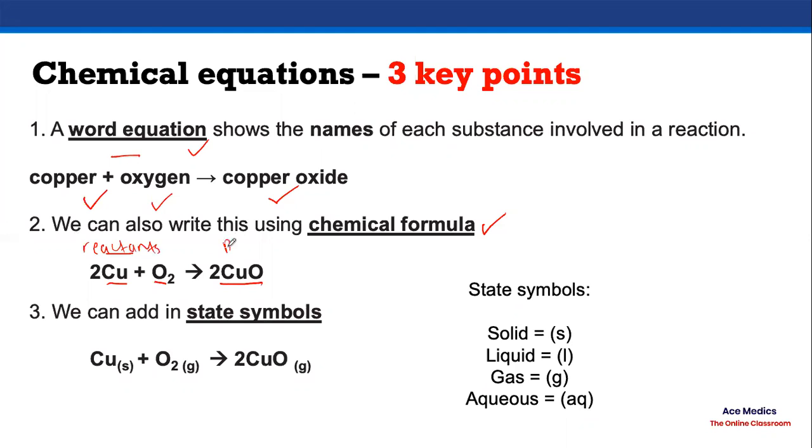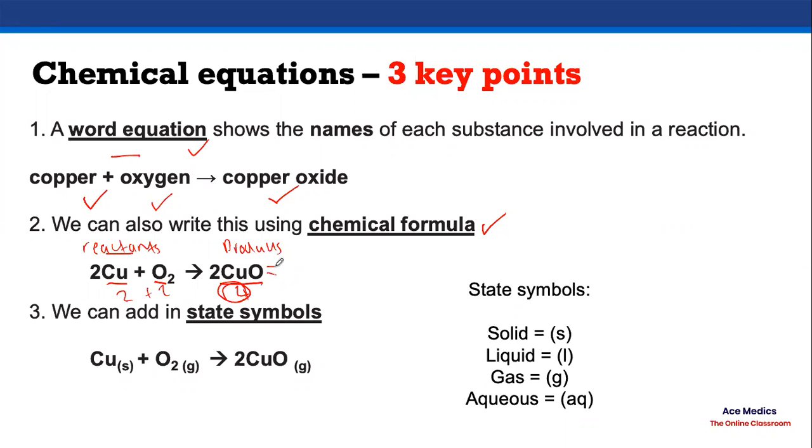And copper oxide is the product of this reaction because it's on the right-hand side of the arrow. And whatever mass we put in of copper and oxygen, say if we have 2 grams of copper and 2 grams of oxygen, the law of conservation tells us that there should be 4 grams of the product, which is copper oxide.